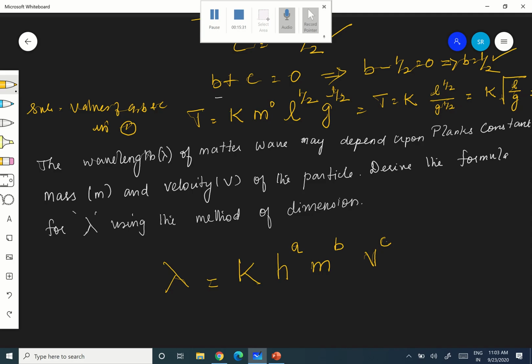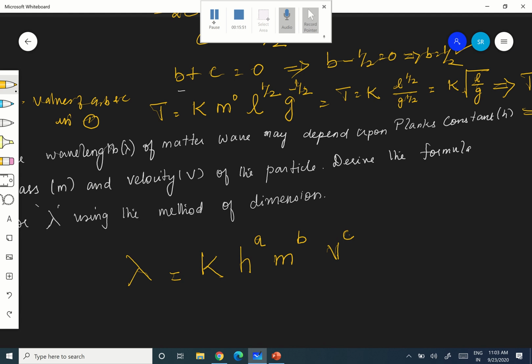First, lambda is proportional to h power a, m power b, v power c. Therefore, lambda is equal to some constant k times h power a, m power b, v power c, where v is the velocity. Now, what is Planck's constant? Planck's constant h is energy per frequency, that is energy E divided by frequency nu.